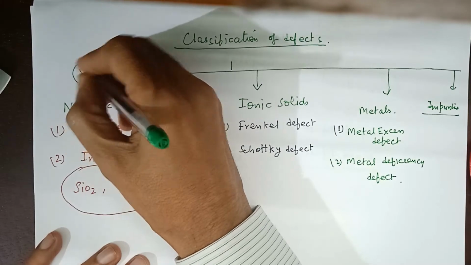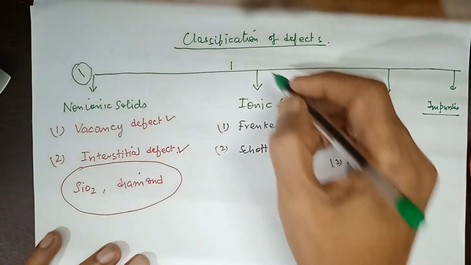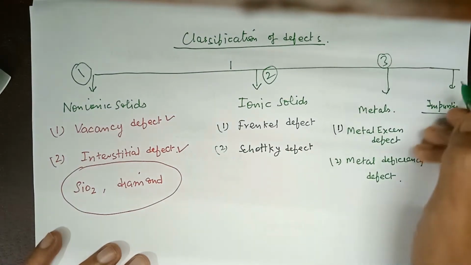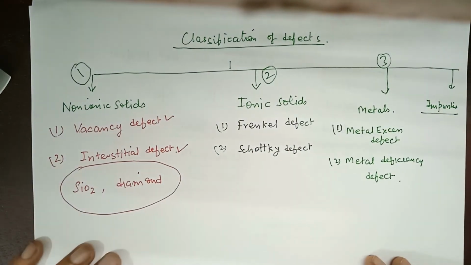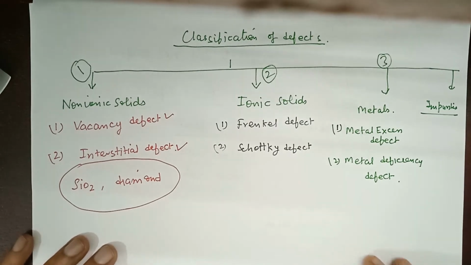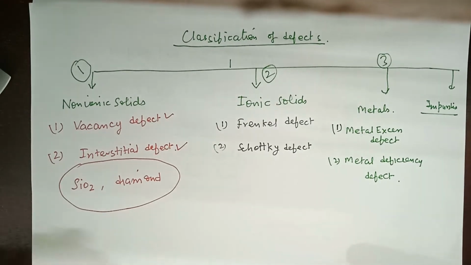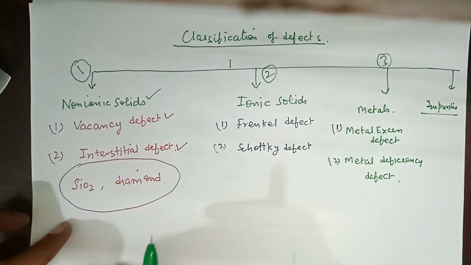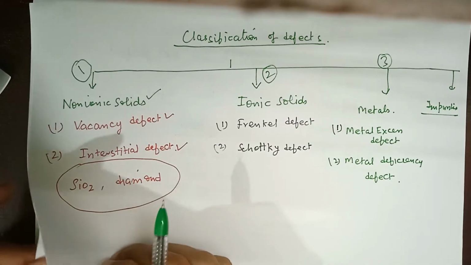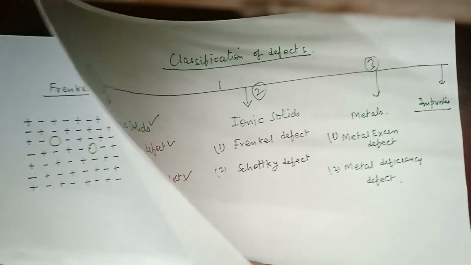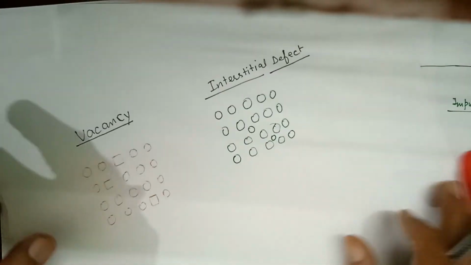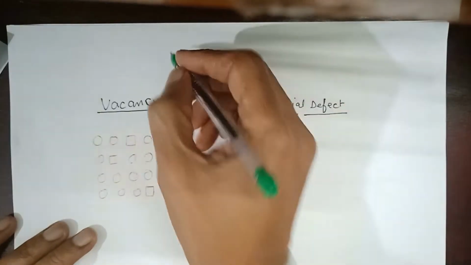So the first type of defect is for non-ionic solids, second for ionic solids, third for metals, and then impurities which are found in every type of crystals. So we will study one by one. First we take non-ionic solids, in which vacancy defect and interstitial defect are found.